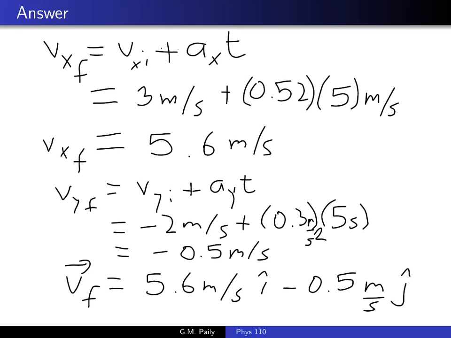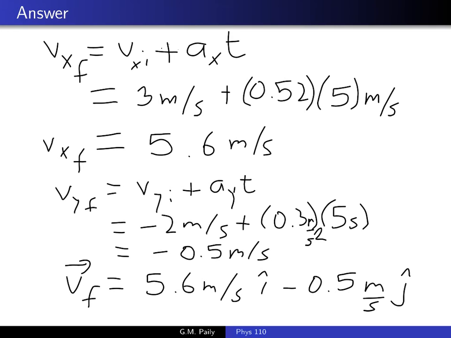If we want to find the direction, well, since this is motion in the xy plane, we can use inverse tan of the y component, vy, which is negative 0.5, over the x component, vx, which is 5.6. The inverse tan of that ratio, negative 0.5 over 5.6, will give us the angle that this velocity vector makes with the x-axis.